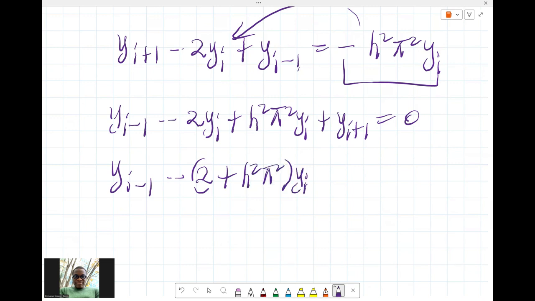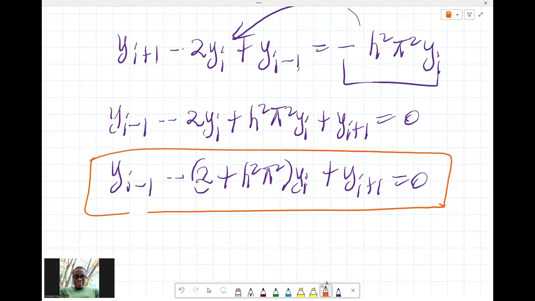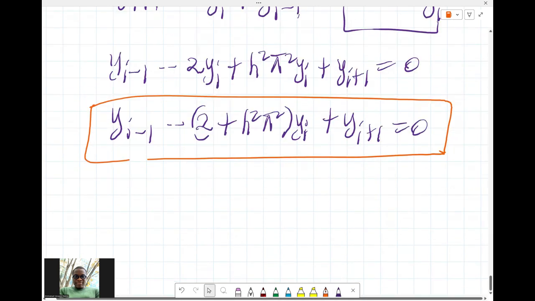When we take i to be 1, that's the least we can take, we have y0, then y1, and this ends up with y2, equals 0. So this becomes the expression we need to set up a linear system.